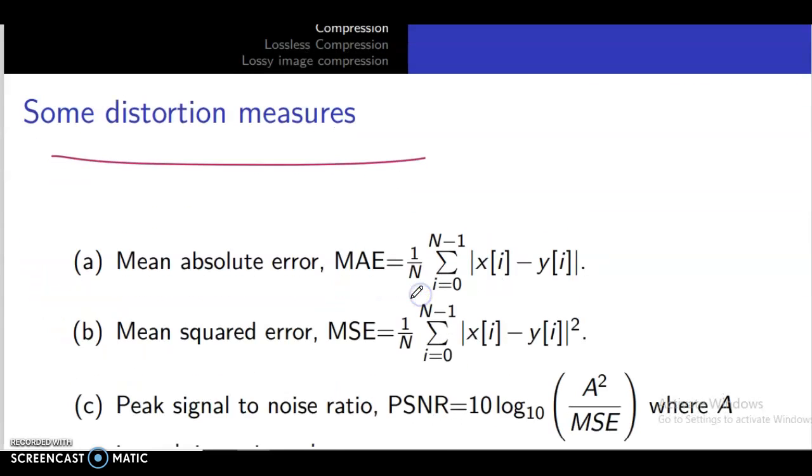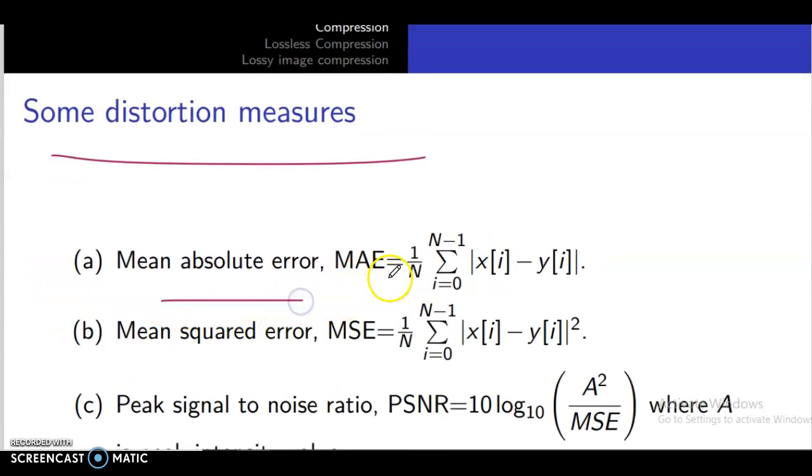Some distortion measures: mean absolute error, MAE equal to 1 by N, summation of i equal to 0 to N minus 1, x of i minus y of i. This is the mean absolute error.